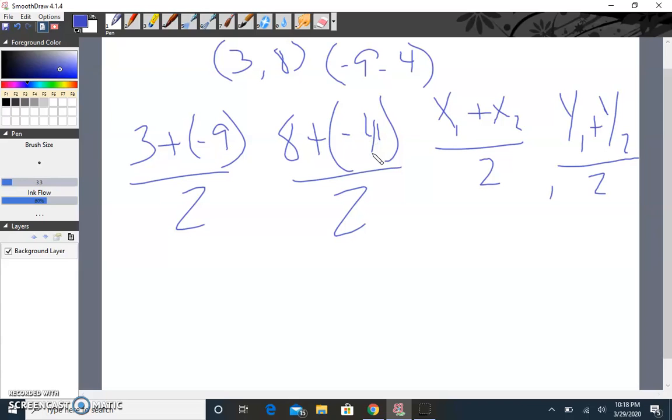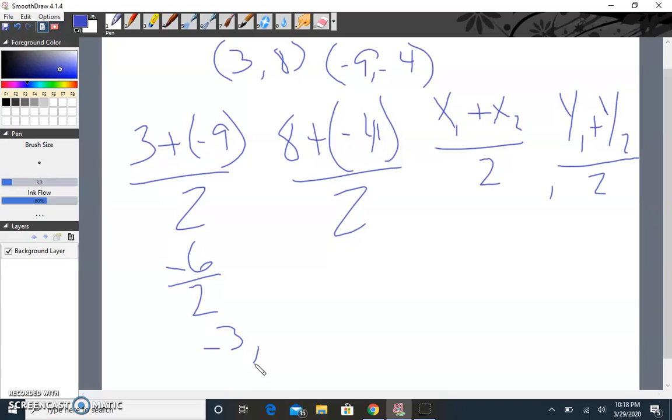Okay? So 3 plus negative 9 is like negative 9 plus 3. That is negative 6 over 2. Negative 6 over 2 is negative 3. So our x is negative 3.